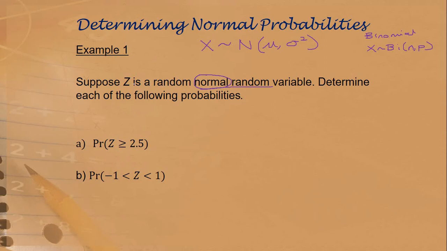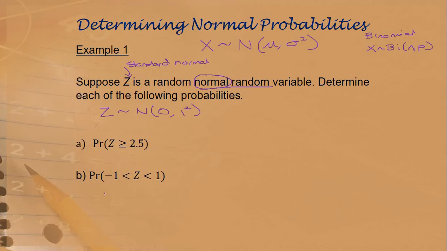In this case, we know Z is a random normal variable. Now remember that whenever we see Z, that's the standard normal distribution, and the standard normal distribution has specific properties. So we would start by saying Z is normal with a mean of 0 and a standard deviation of 1.